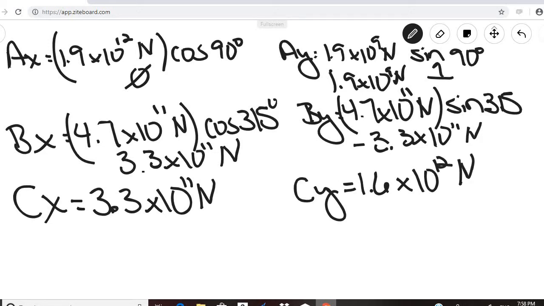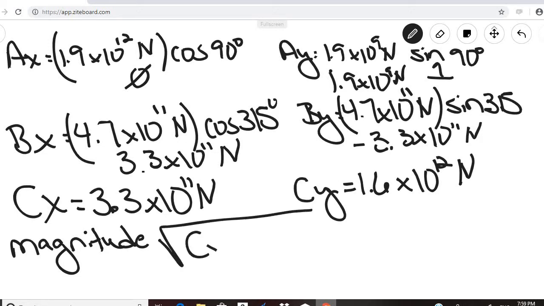Now all we have to do is find the magnitude. You know from before, all of this should sound familiar, and it's just a matter of refreshing your memory. It's C to the x squared plus C to the y squared, and take the square root of that.